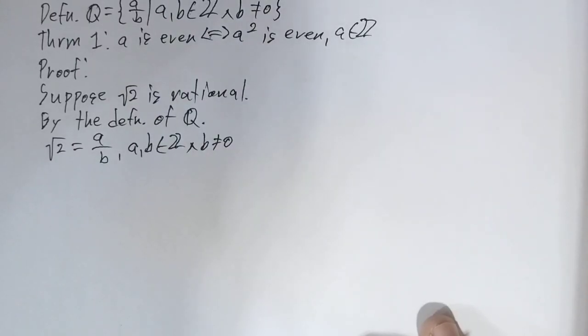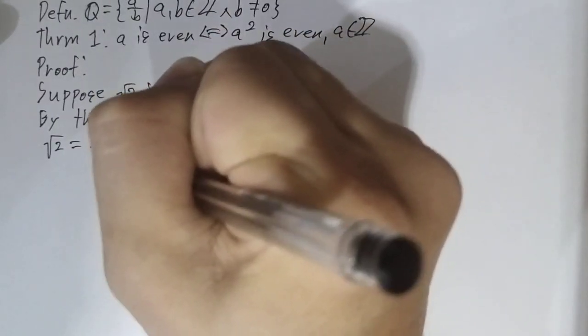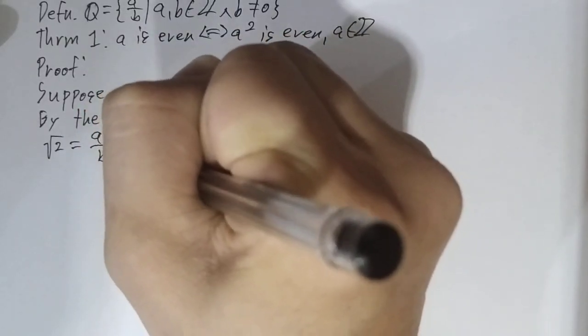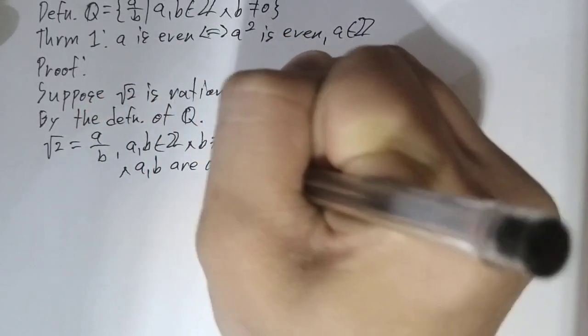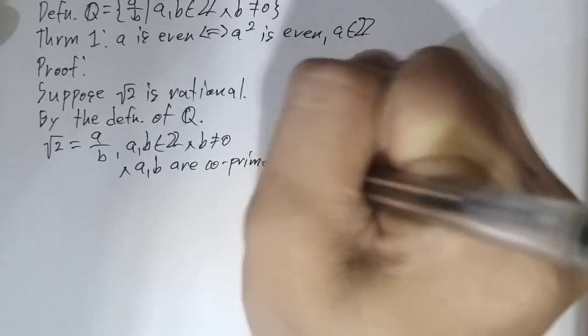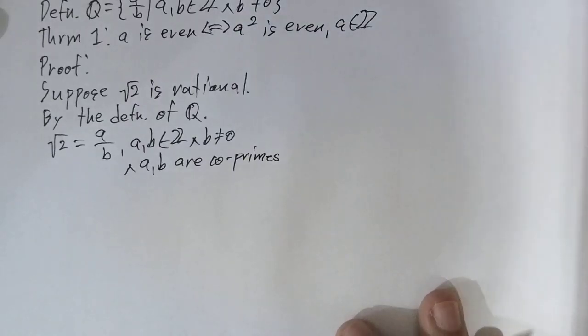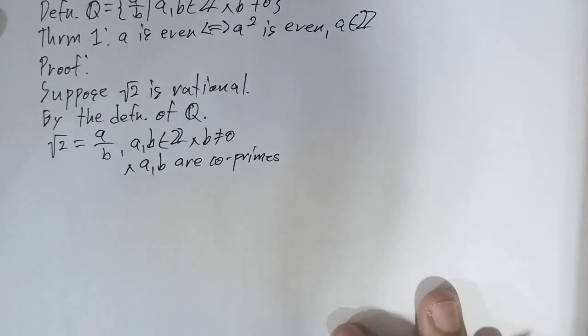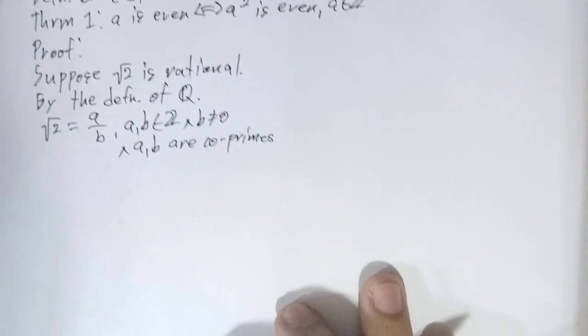We will also assume that a and b are co-prime, meaning that a over b is in its simplest form, so that their only common factor is 1, or their GCD is 1.